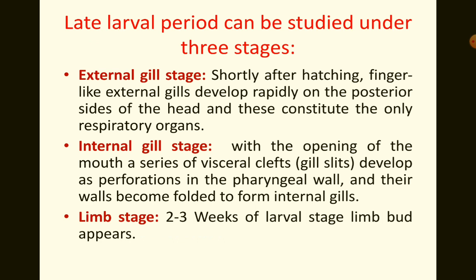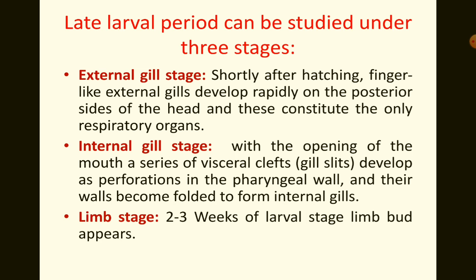Now the late larval period can be studied under 3 stages: external gill stage, the internal gill stage and the limb stage. Now in external gill stage, what happens? Shortly after hatching, finger-like external gills develop on the posterior side of the head, and these constitute the respiratory organs.